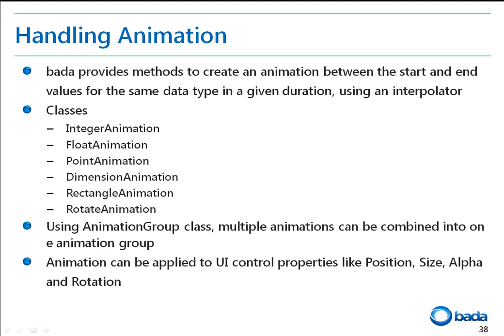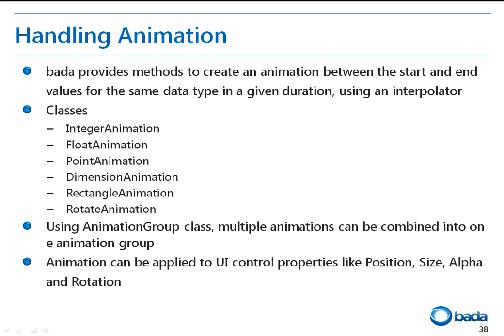The bada platform provides animation classes that provide methods to create an animation between the start and end values for the same data type, such as OSP base integer, OSP base float, OSP graphics point, OSP graphics dimension, or OSP graphics rectangle in a given duration using a chosen interpolator.